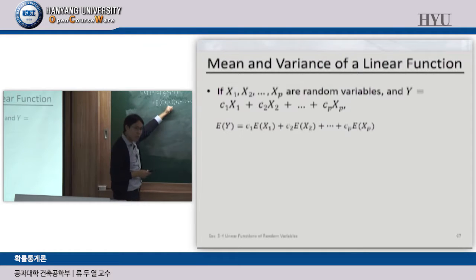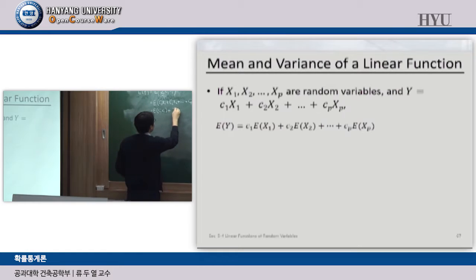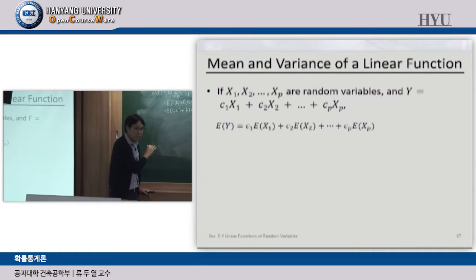And for the case of the summation, this can be written as E of C1 x1 plus E of C2 x2 up to E of Cp xp, the same concept as the previous continuous case.